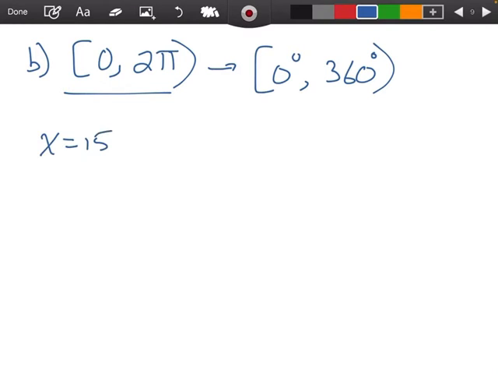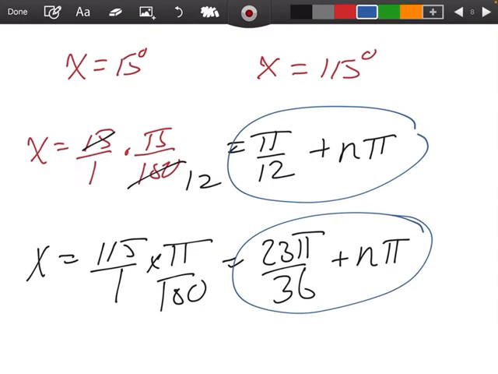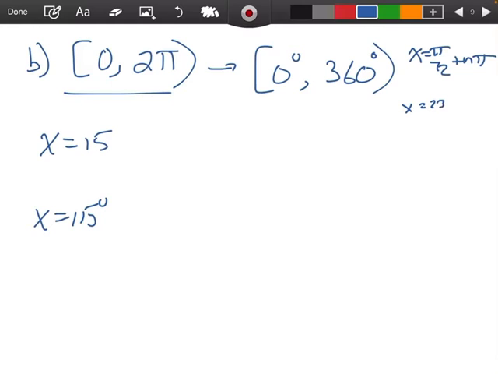We came up with 15 degrees and the second angle in degrees. And then we said that our general answers were something like pi over 12 plus n pi and 23 pi over 36 plus n pi. Those were my general answers.